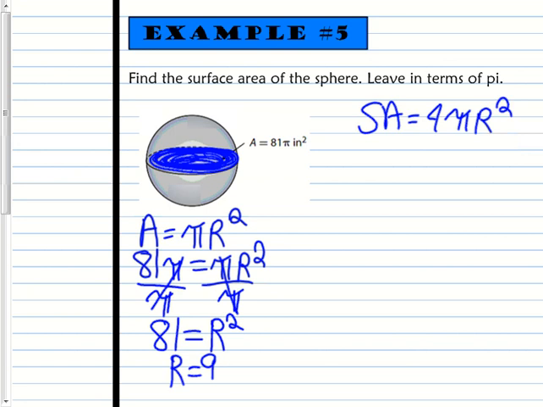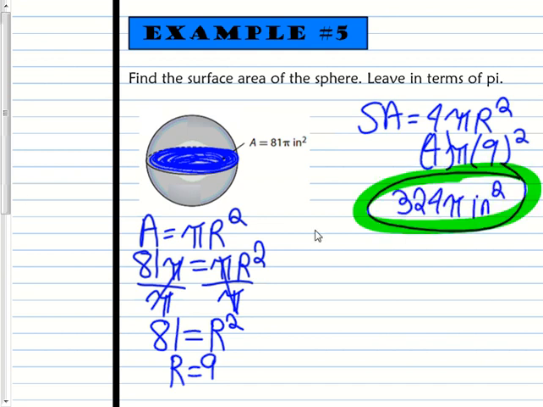So you should be able to come over here, plug everything in, and get the answer. And go ahead, write the answer down, please. And similar to the last problem we just did, the surface area of that sphere also is 324 pi inches squared. I hope this makes sense, guys.